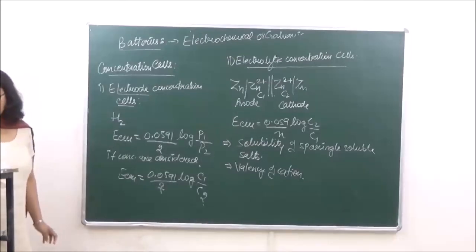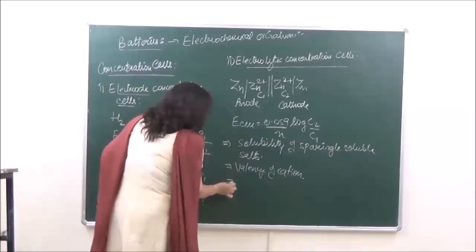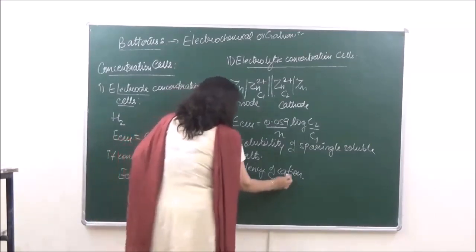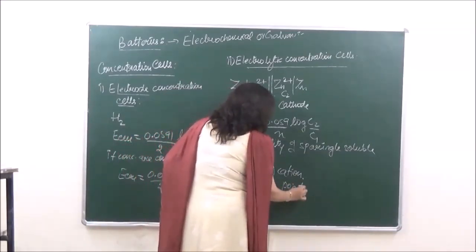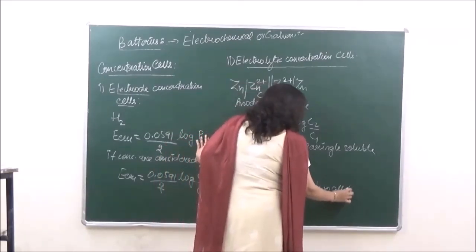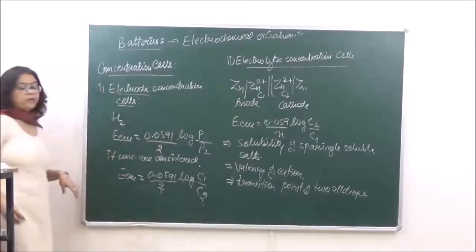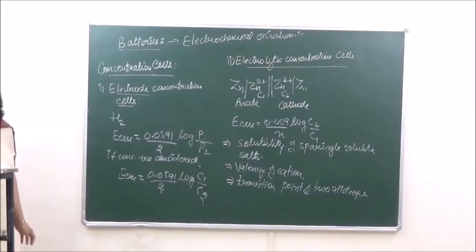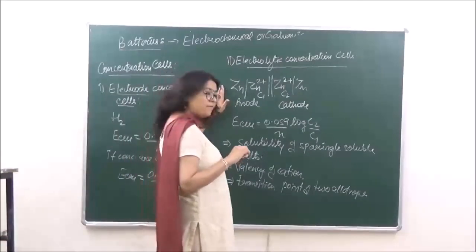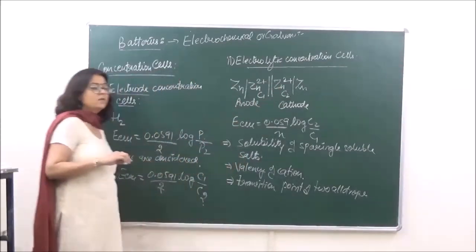And they help us to calculate the transition point of two allotropes. Right? The two allotropes can be taken as what? One can be taken on the left hand side as a metal rod, and the next will be taken at the right hand side as a metal rod.